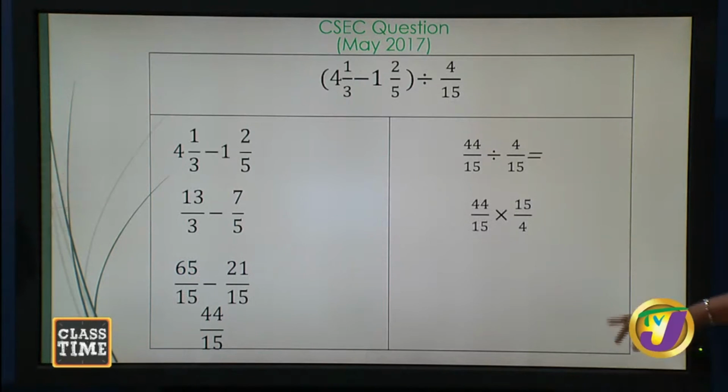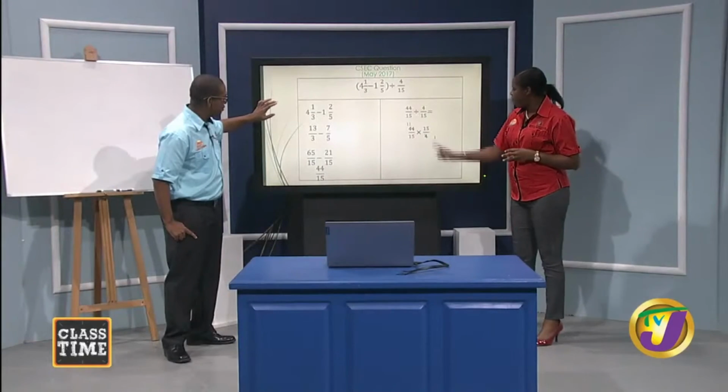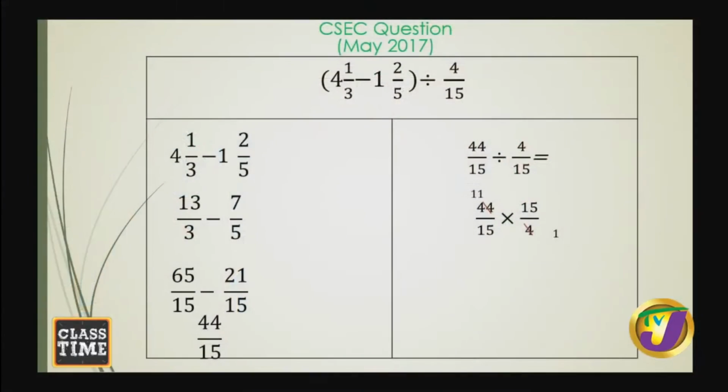And that would give us, so we can simplify by dividing by 4 and dividing by 15. And that gives us 11 divided by 1, which is the same as 11. All right. Good.